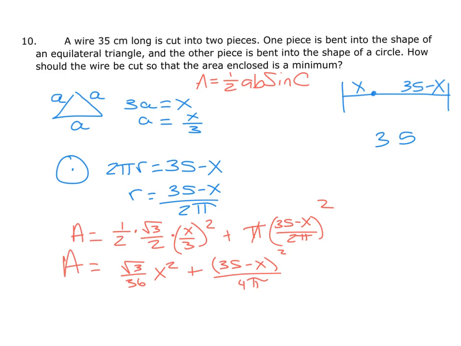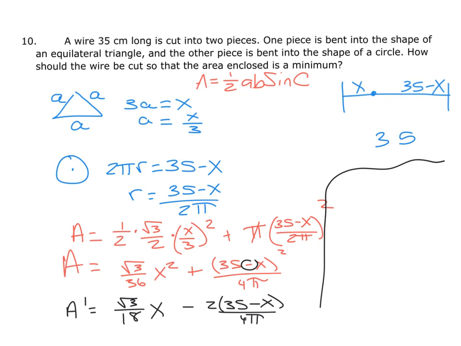So that's my area. That's what I'm going to take the derivative of. Root 3 over 18x minus 2 times 35 minus x over 4 pi. So the minus came from the derivative of the inside. Ugh, I'm running out of space. Okay.